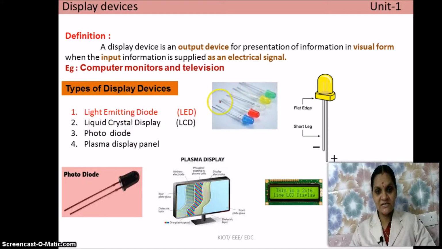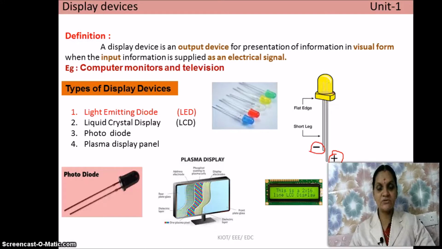These are different LEDs, with different colors available in the market like blue, red, white, yellow and green. When you see the LED, it has one short lead and one long lead. The short lead is taken as negative and the long lead as the positive terminal, and there is a glass covering at the top of the LED.